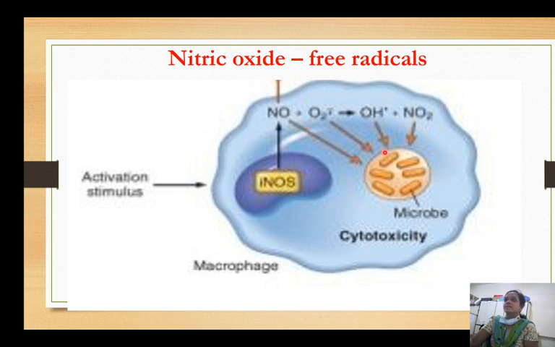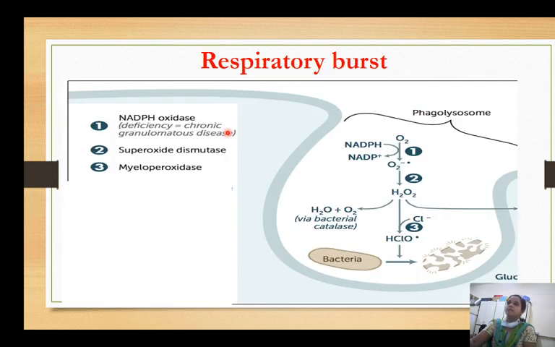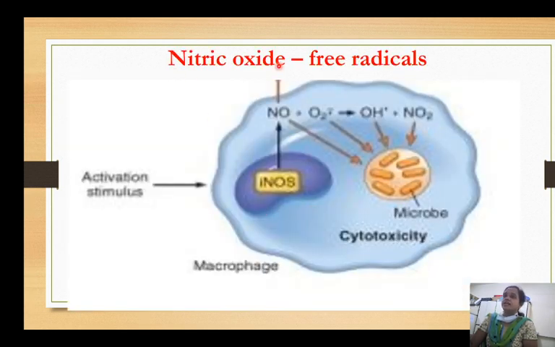So the free radicals that are formed can directly act on the microbes and kill them. So these are the 3 mechanisms by which our body protects itself from bacteria or any other agents that enter our body. One is respiratory burst, second is Fenton reaction and iron catalyzed reaction, and third is nitric oxide.